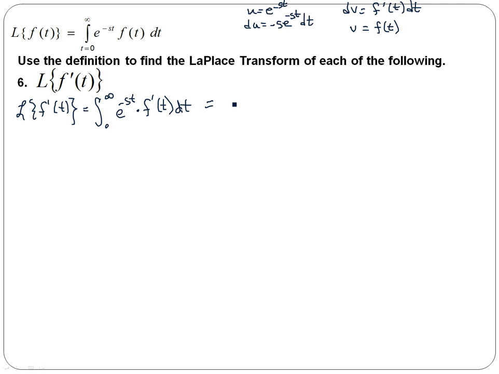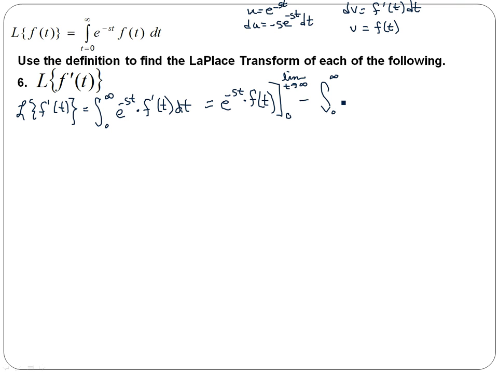So here, integrating by parts, I get u times v, that's e to the negative st, times f of t. And putting my limits on, I have limits at 0 and as t goes to infinity. And then minus the integral of v du.